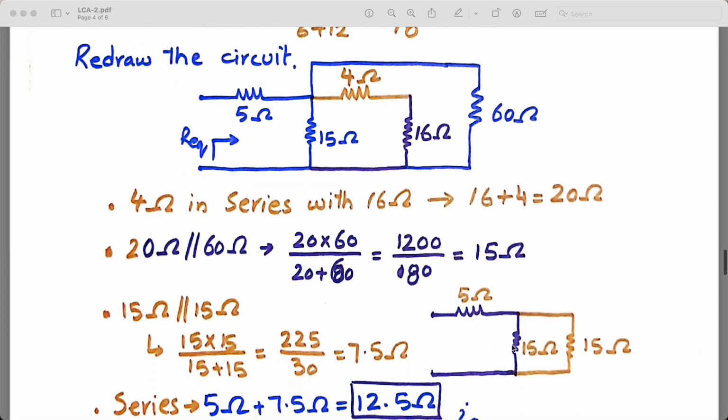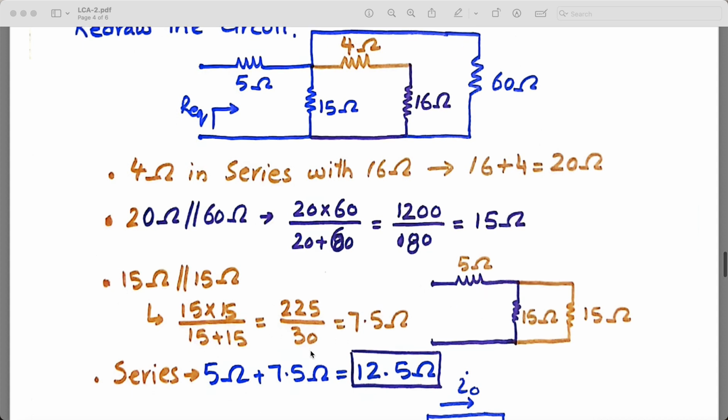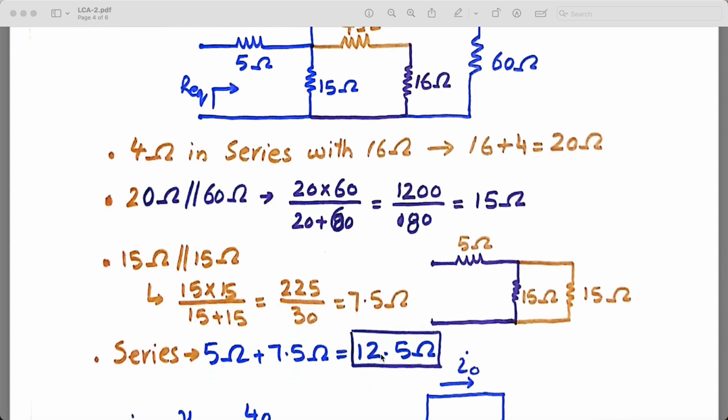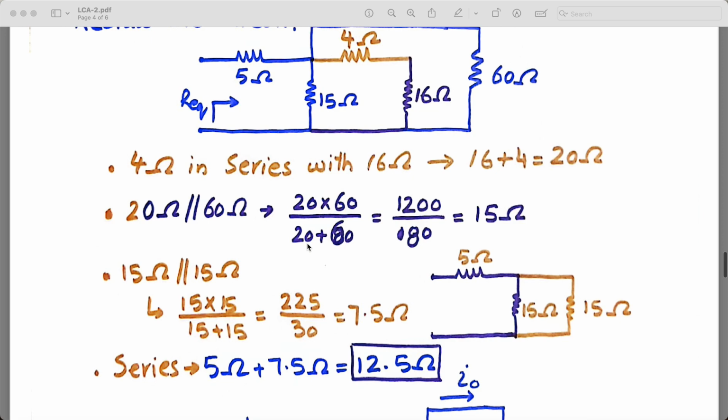Now the new circuit is 15 ohm, 15 ohm, and then 5 ohm. So 15 ohm is in parallel with 15 ohm, so the answer is 7.5 ohm. And this 7.5 ohm is in series with 5 ohm, then the answer is 12.5 ohm. So the R equivalent is 12.5 ohm.